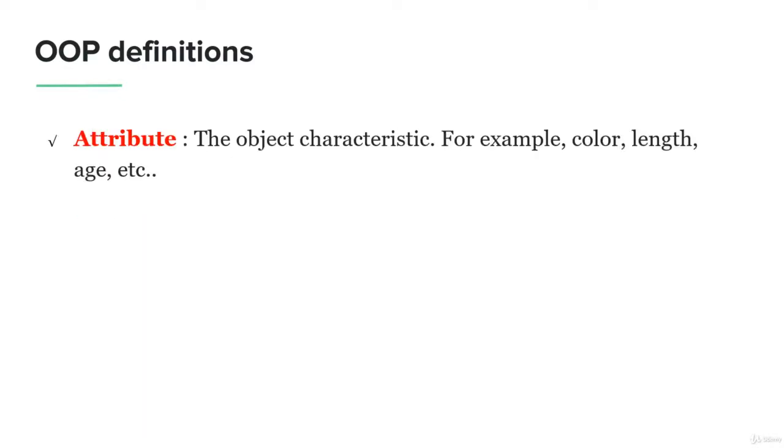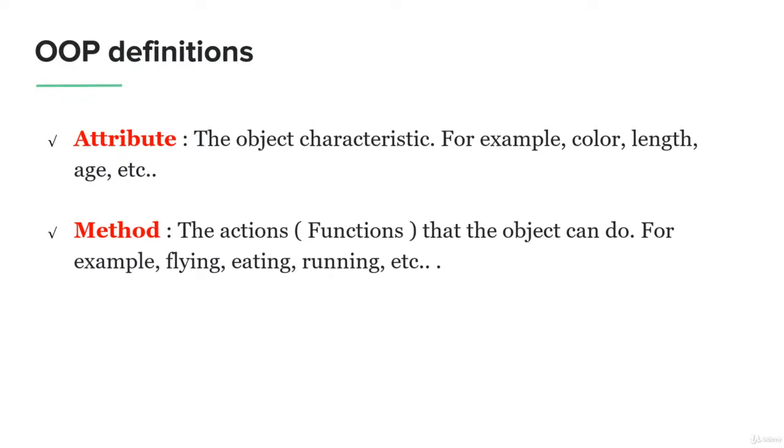Another important definition is the attribute. Attributes are the object characteristics. It's basically the parameters or the variables we have inside our object. So this is the object data. Also, we have a very important definition called methods. They are the actions or the functions that this specific object can do.